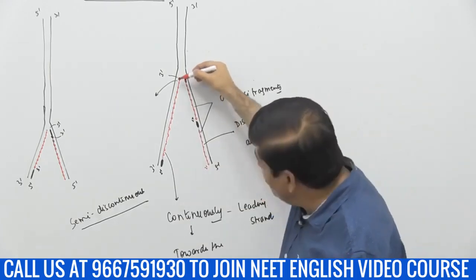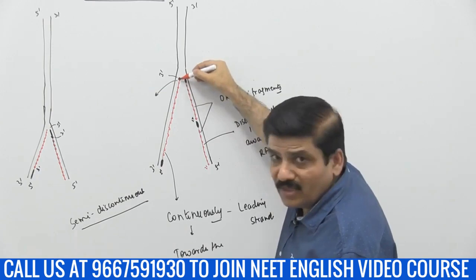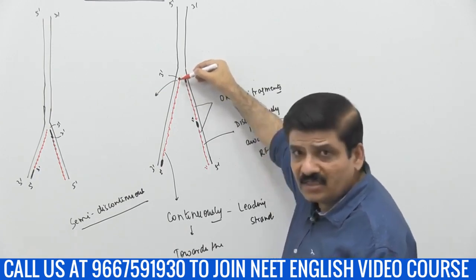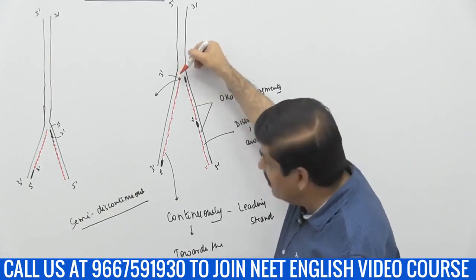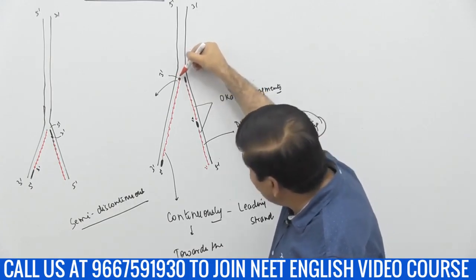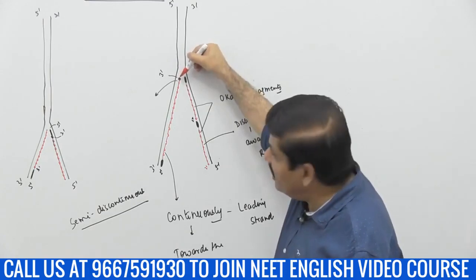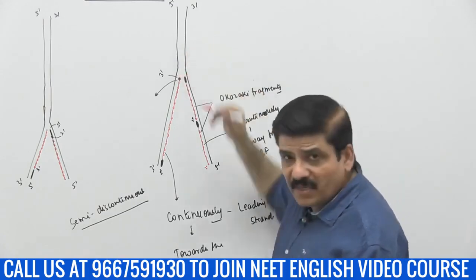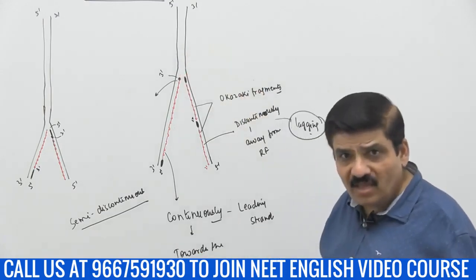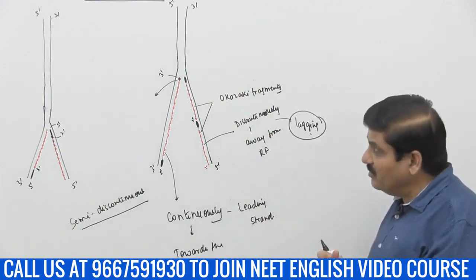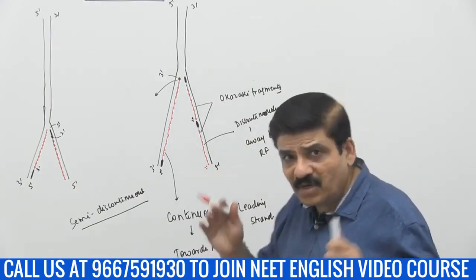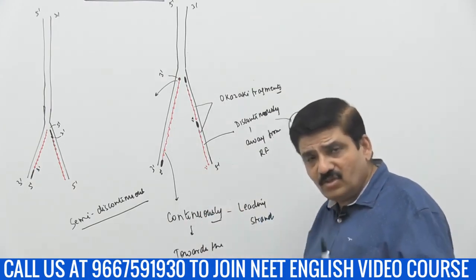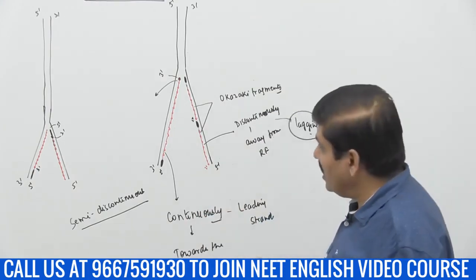This is now possible because I am removing it from the end, and that is what an exonuclease is. And because I am removing it from the 3' end, it requires a 3' to 5' exonuclease activity that is actually present in DNA polymerase 3, which will be the main enzyme that will actually be synthesizing the DNA in most of the cases. But remember, DNA polymerase 1 also has this capability.